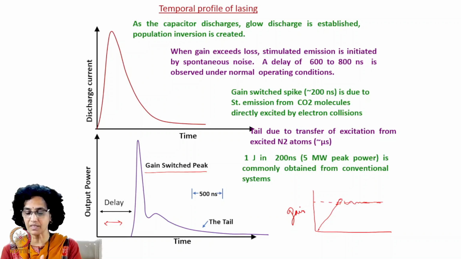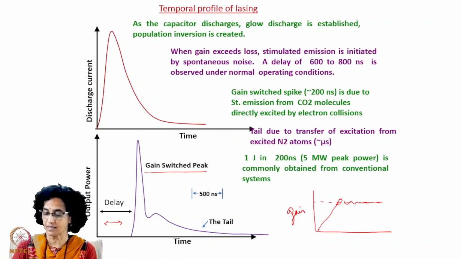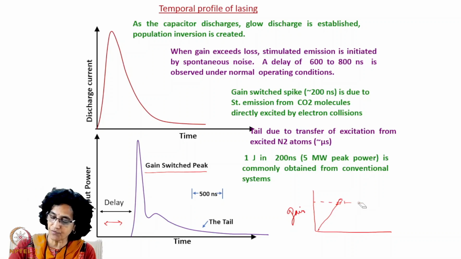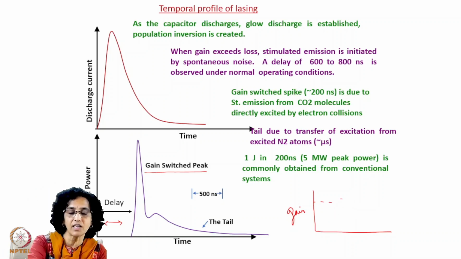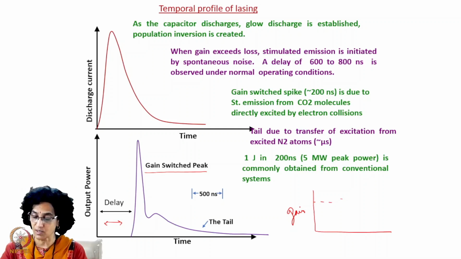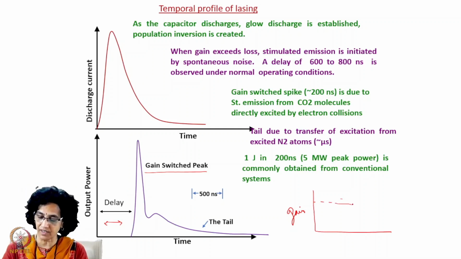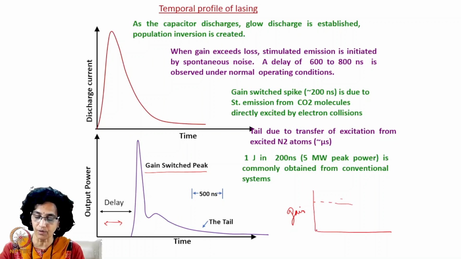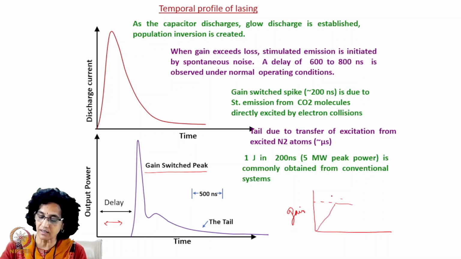I think I must have told you last time also, maybe you have studied this gain clamping sometime in the past. But here, in case of a pulse laser, because our discharge current is very sharp and the pulse duration is very small, the excitation is very quick, and therefore it crosses the loss line, and before stimulated emission can set in, it further rises.